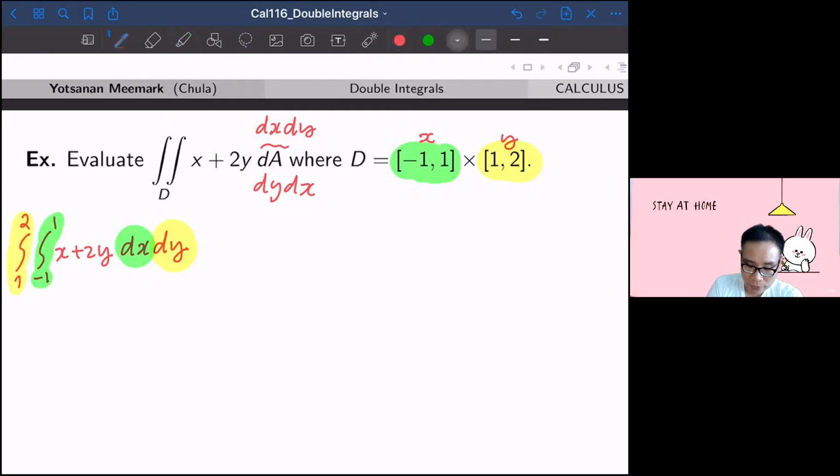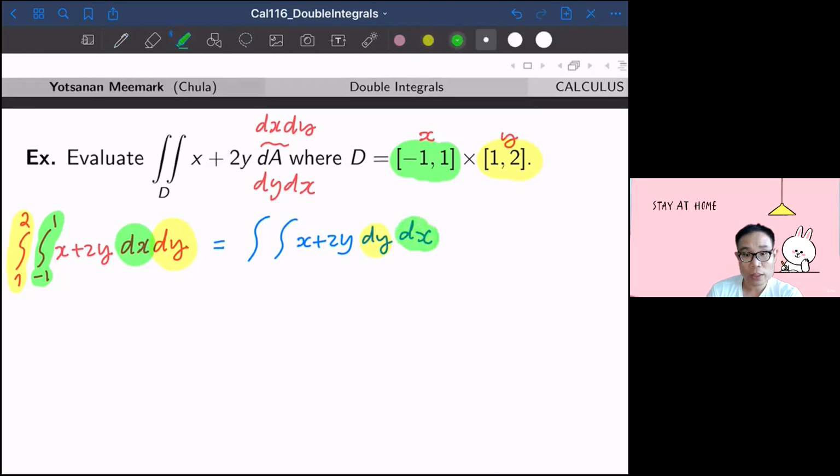However, if you'd like to use dy dx, it will give you the same value. So it's going to be x plus 2y, but the difference is you will have dy inside and dx outside. So you have the yellow one inside and the green one outside.